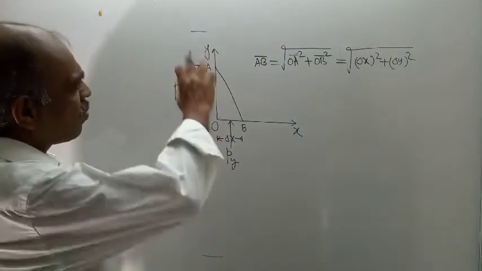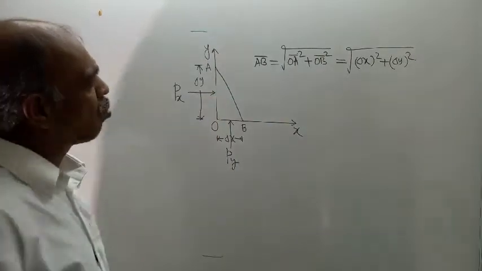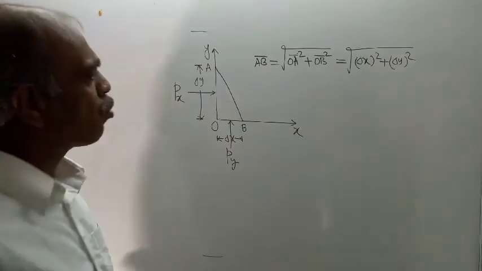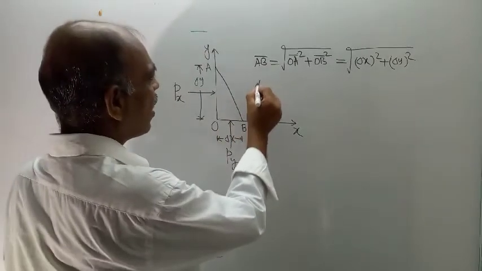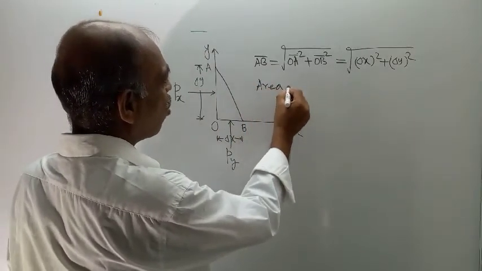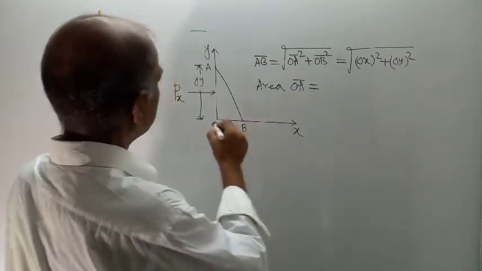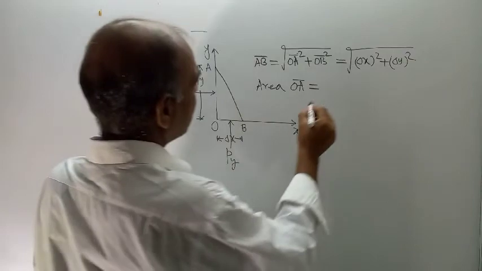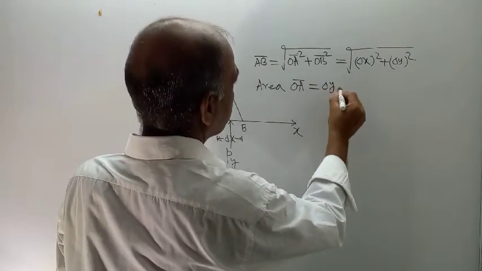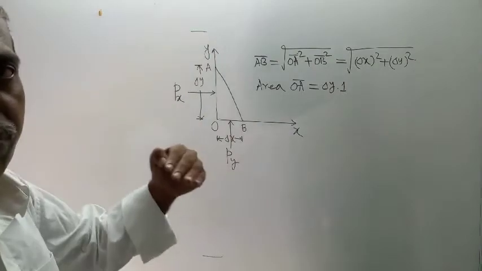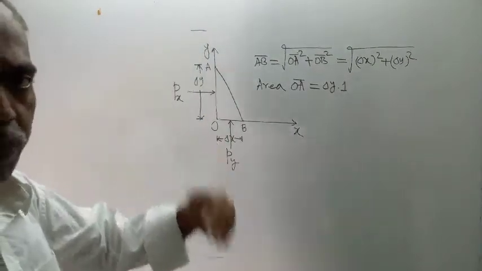Now, what is the force which is acting on the surface OA? Here, what is the area of OA? The area of OA is equal to delta y multiplied by unity, because the thickness is 1 in the direction perpendicular to the board.